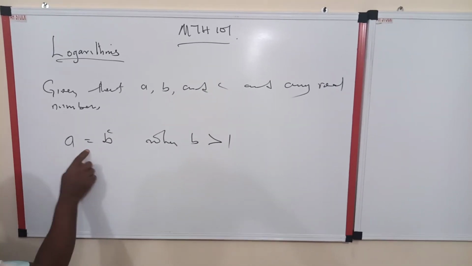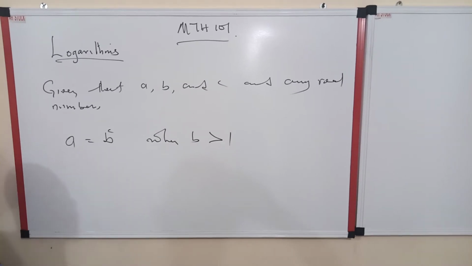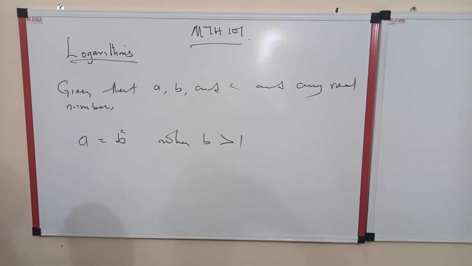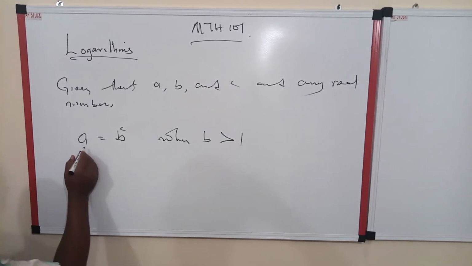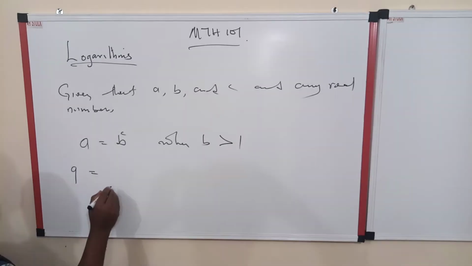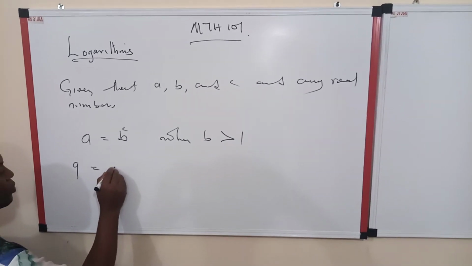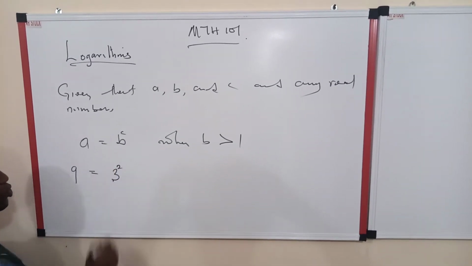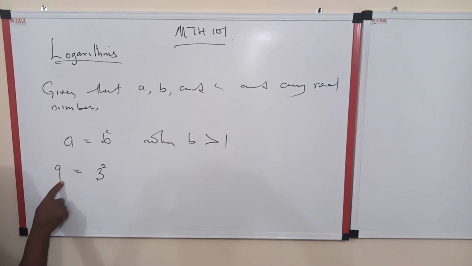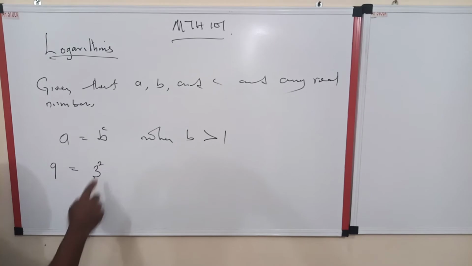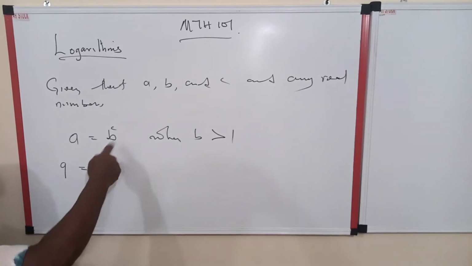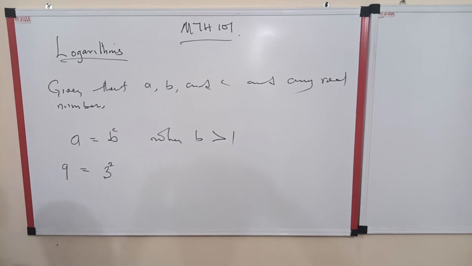This expression in indices, we can also write in another way called logarithms. For example, 9 being equal to 3 raised to power 2. This is a number, but we have rewritten it in terms of indices: a base and a power.